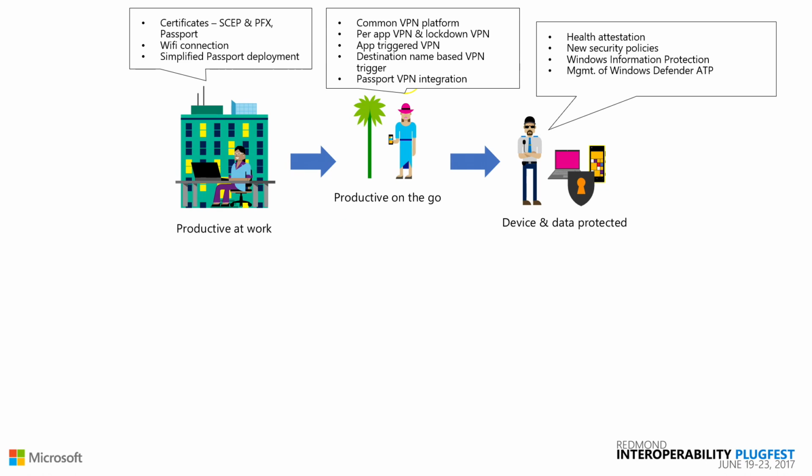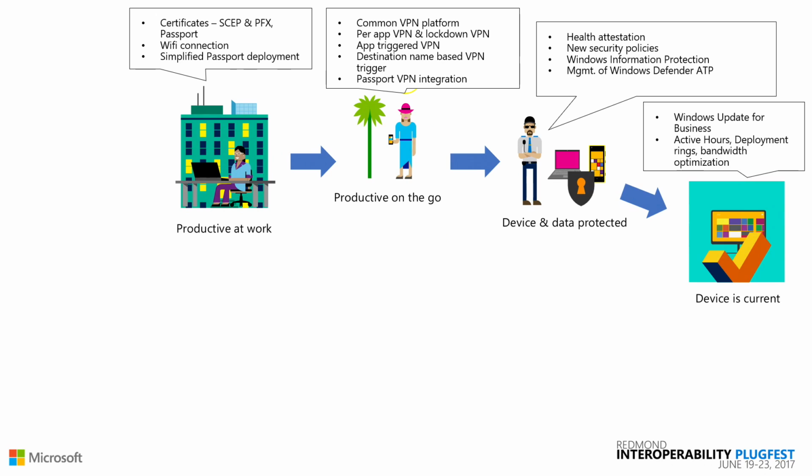And if it is, as an organization, you can choose to deny that device access to certain resources. So for example, if my device is compromised or my antivirus definitions aren't up to date, as an organization, I can choose to deny access to things like SharePoint or other data that may be online.